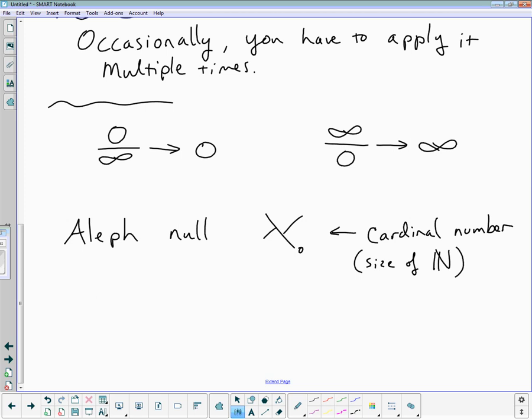Well, the natural numbers are infinite, but so are the integers. And the integers have more numbers than the natural numbers do, because there's positive and negatives in the integers, right? Whereas the natural numbers only have positives. So we have 2 different infinities, but of different sizes.